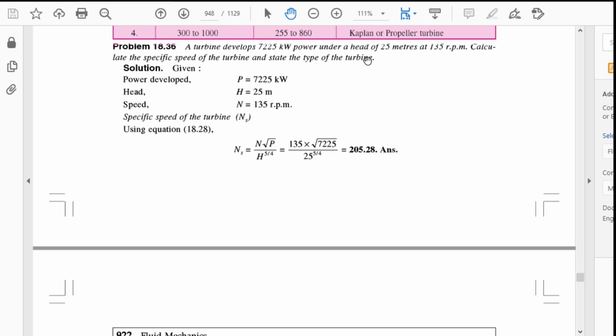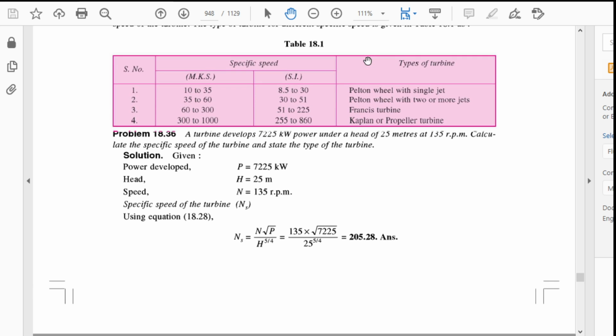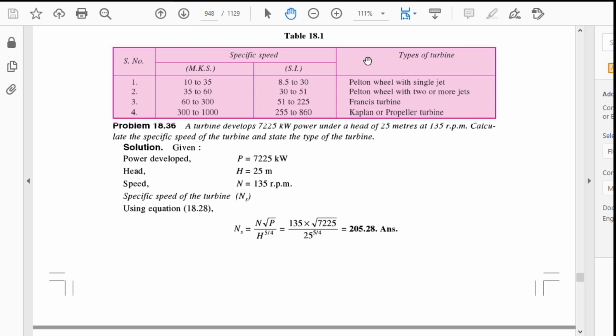Before that, here you can see that for a particular specific speed, the type of turbine is given. In MKS, 10 to 25 specific speed is a Pelton wheel with single jet. 35 to 60 is a Pelton wheel with two or more jets. 60 to 300 is Francis, 300 to 1000 is Kaplan or propeller turbine.